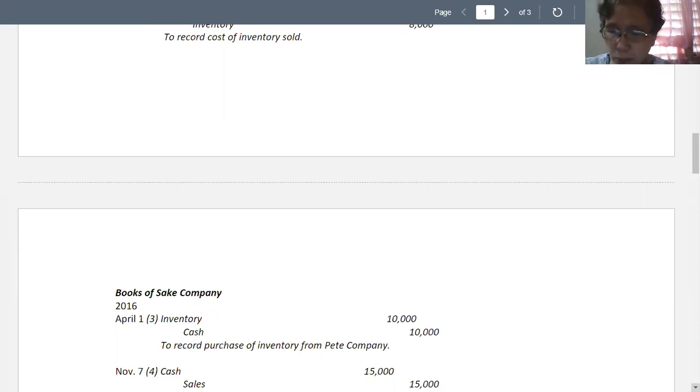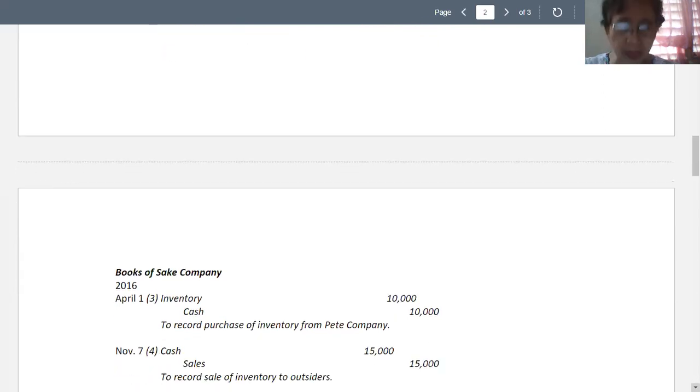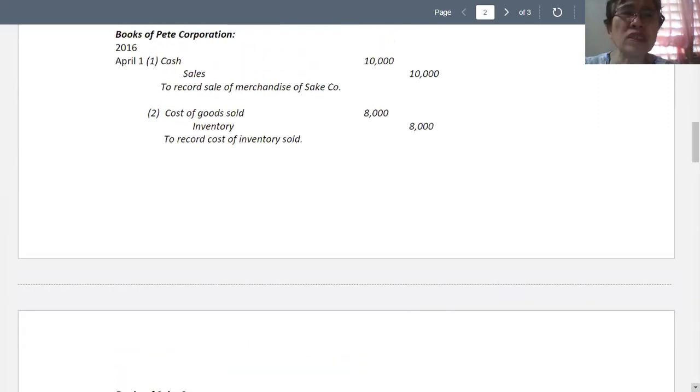And it's Pitt recording cost of goods sold and crediting inventory, but it's SAIC again debiting cash and crediting sales. Now, take note that Pitt also debited cash and credited sales, but that is a downstream sale to the subsidiary where the amount is only 10,000.